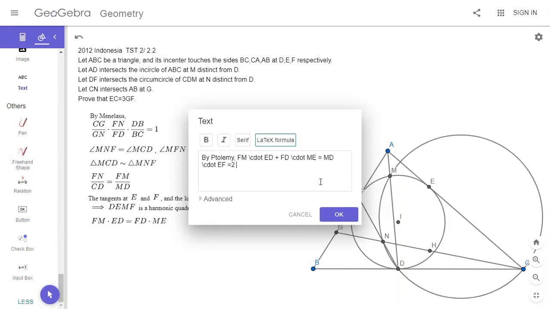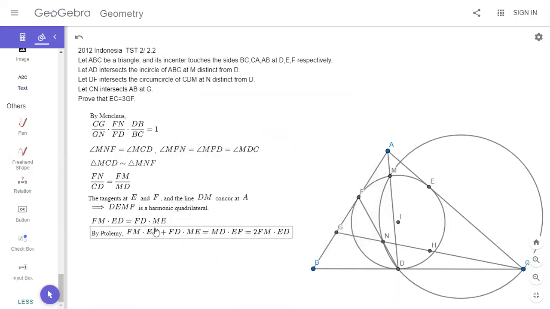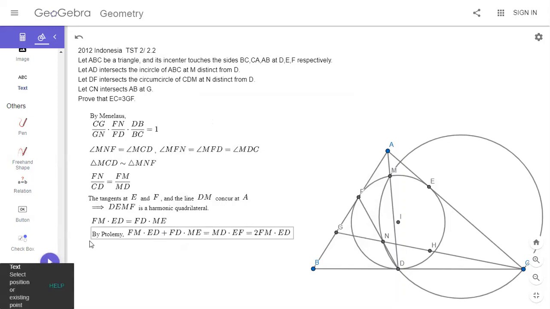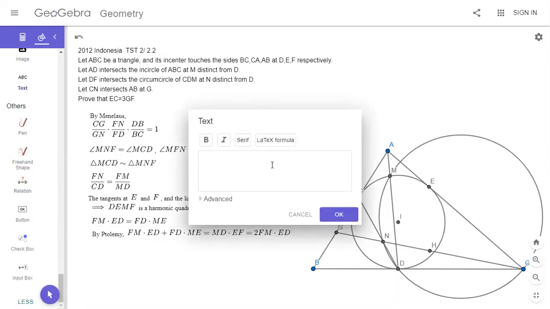Wait a sec. Yeah, 2 FM times ED. And so that means that FN over CD.